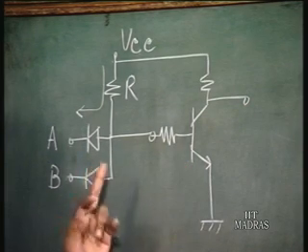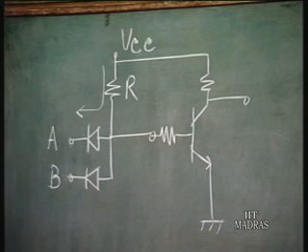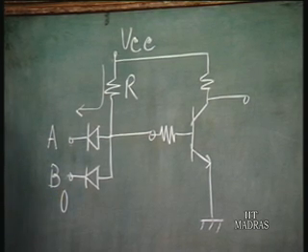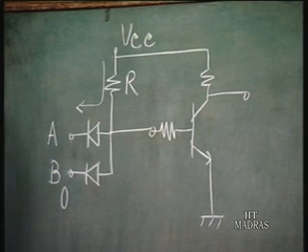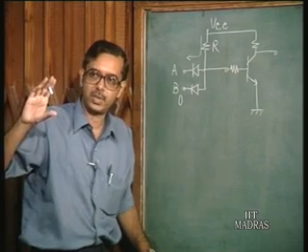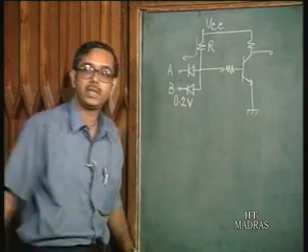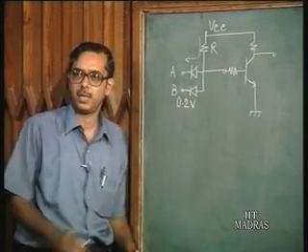So we have to ensure that when any input is low, the output transistor is cut off. Now suppose the input low, usually for a BJT logic gate, we take it as 0.2 volts, because that is the collector emitter voltage of a saturated transistor. So suppose we have 0.2 volts here. This can be anything, 0.2 or 5 volts, it doesn't matter really.